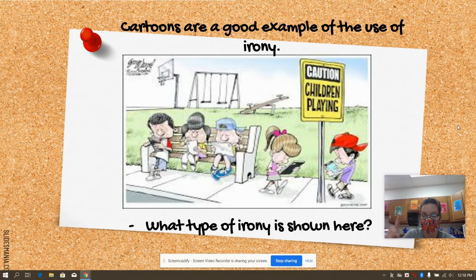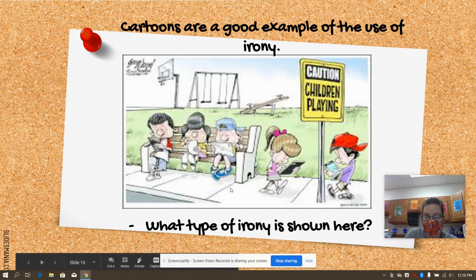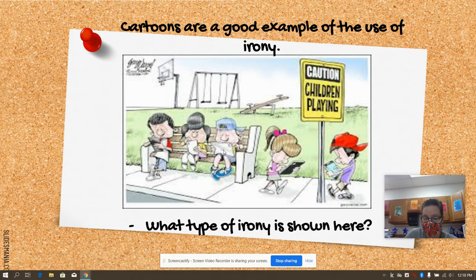And remember, you have situational, where it's the opposite of what you think would happen. You have verbal, which is the use of sarcasm, or you have dramatic, where the audience knows something and the characters don't. So if you look at this cartoon, you see these kids on the bench, looking like they're on their phones or tablets.